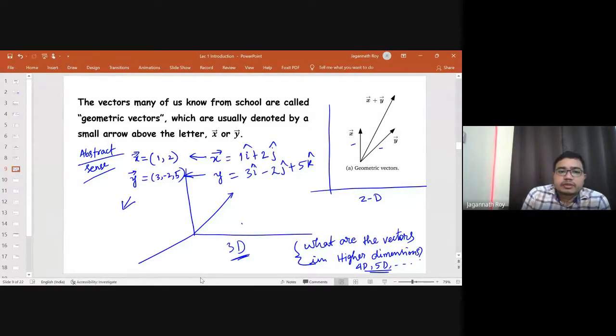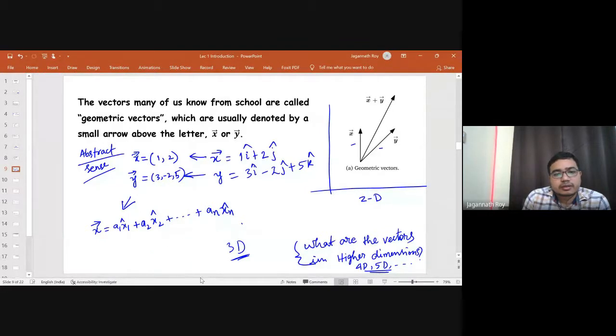Similarly, suppose we have a vector x of this form: a1 in the x1 direction plus a2 in the x2 direction, and so on up to an in the xn direction.